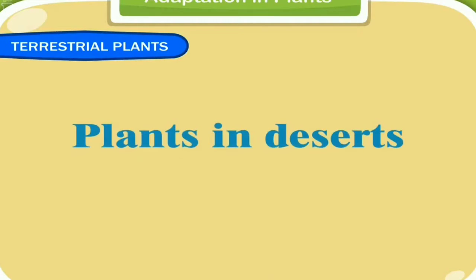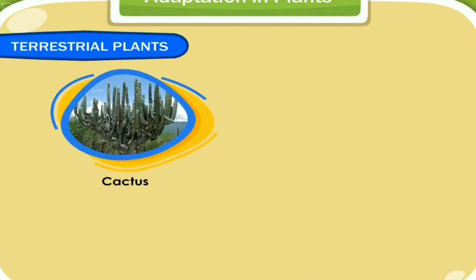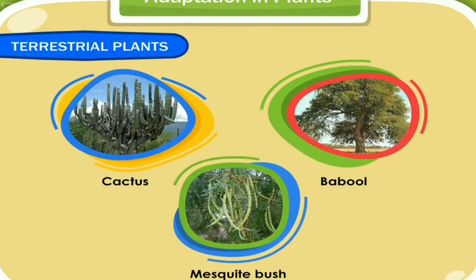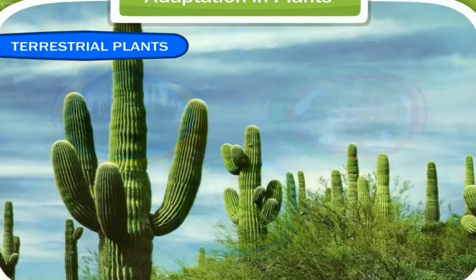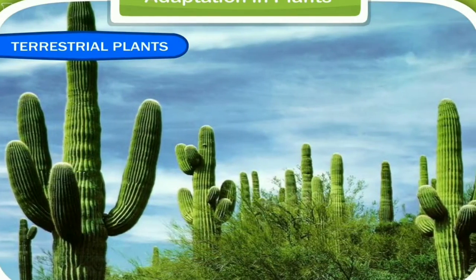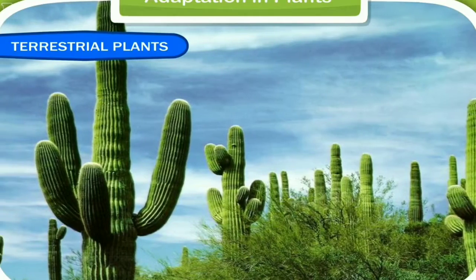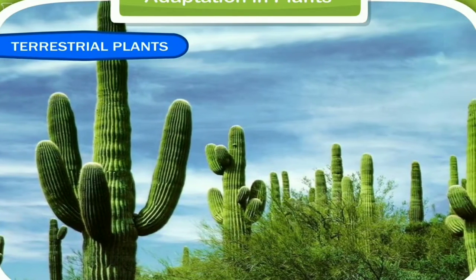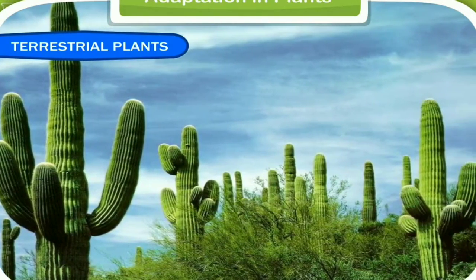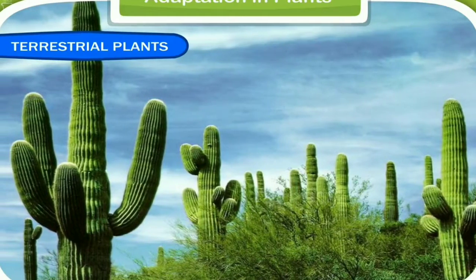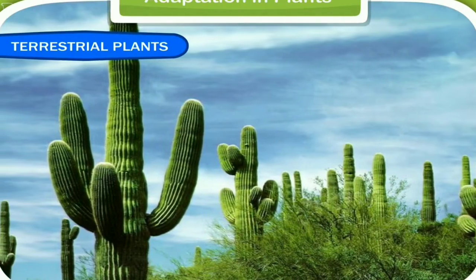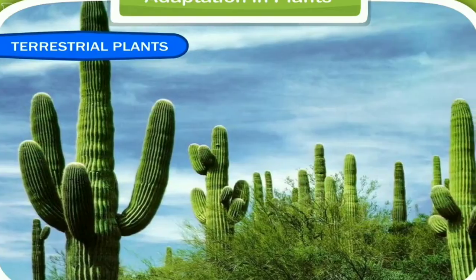Plants in deserts. Some plants such as cactus, babool, mesquite bush, etc. grow in deserts. Deserts are generally hot and extremely dry areas. There is very little water available for plants in deserts. Plants in these areas adapt according to these conditions. Some desert plants such as cactus have a spongy and soft stem for storing water.